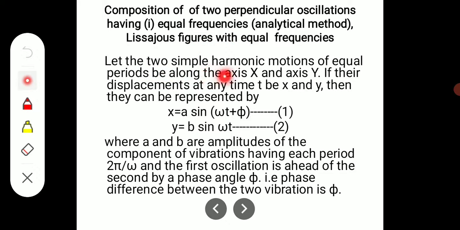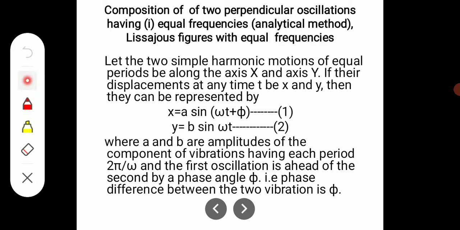Let two simple harmonic motions of equal periods be along the x and y axis, meaning they are perpendicular to each other. If their displacement at any time t be x and y, then they can be represented by x equal to a sine omega t plus phi. Say this is equation 1.